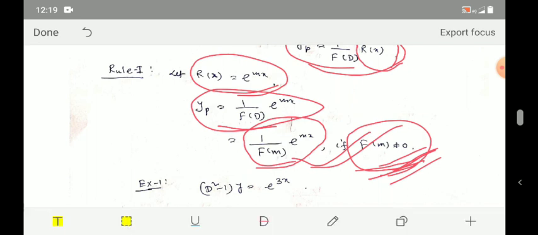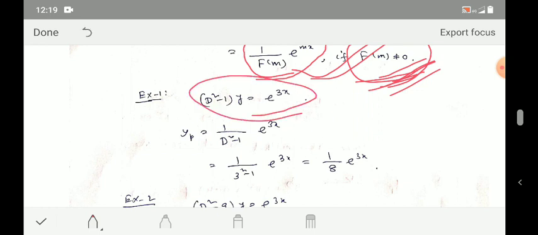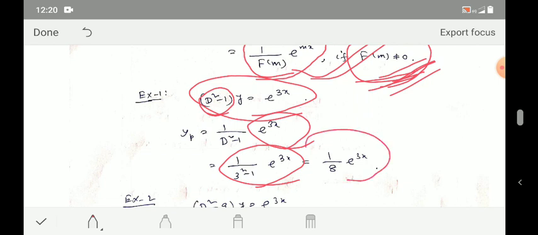For example, we consider the problem (D^2 - 1)y = e^(3x). Here yp = 1/(D^2 - 1) e^(3x), that is f(D) = D^2 - 1 here. Then we can write yp = 1/(3^2 - 1) e^(3x), that is 1/8 e^(3x). This is very simple.